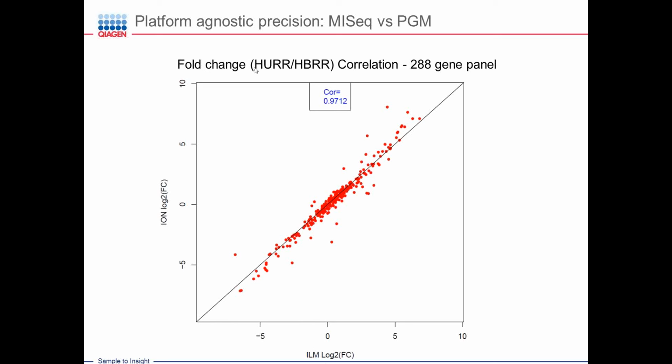And we're looking at the fold difference between these 2 RNAs on the Ion and the fold difference on the MiSeq and comparing those numbers to each other. And what you can see is that the data is platform independent. So the gene expression levels that we see in these 2 RNA samples, even on these 2 completely different platforms, one is emulsion PCR and electrochemical sequencing, and one is sequencing by synthesis, are essentially the same, with a 0.97 correlation between the 2, which is really pretty remarkable.